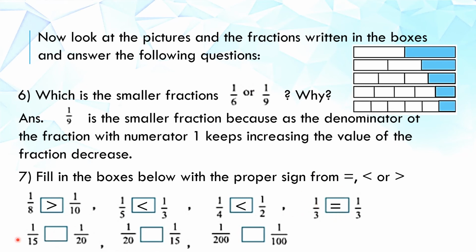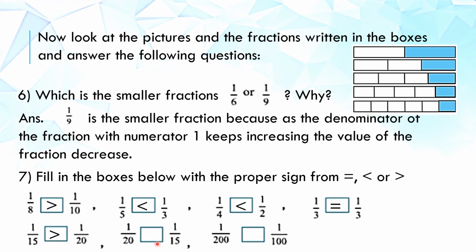Now 1 upon 15 and 1 upon 20. So here answer will be 1 upon 15 is greater than 1 upon 20. Next 1 upon 20 and 1 upon 15.